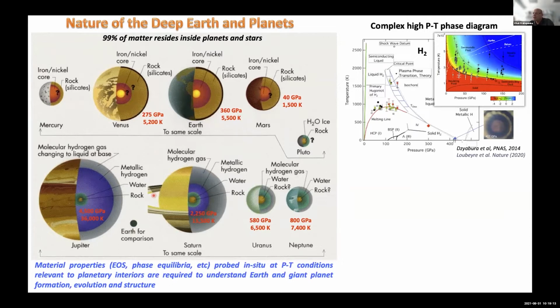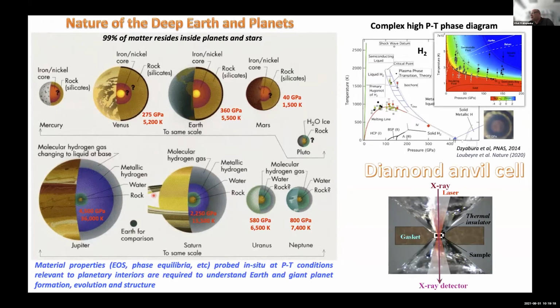To do that, we can use the diamond anvil cell for static compression experiments. It is not very easy to handle materials because they are quite small and require great alignment at the sub-micron level to probe in situ structure and physical properties of the materials.